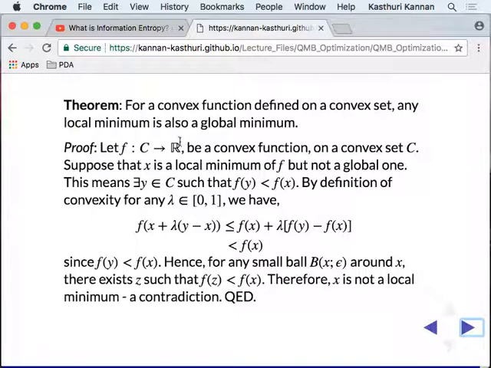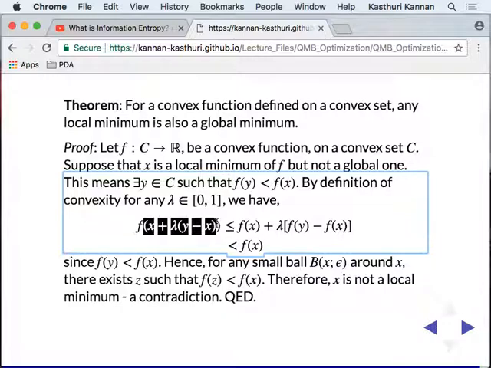Now once you have that, there is a simple proof. Suppose that f is a convex function, then the local minimum is also a global minimum, and let's say that it's not. By simple mathematics, you can see that by the definition of convexity, the function should lie between these values.